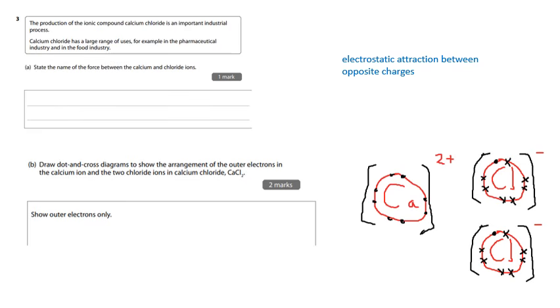Okay, so it's CaCl2, you've got 2 Cl- for your Ca2+, and you just show the outer electrons. So the outer shell of the calcium is full once it's lost these 2 electrons. And the chlorines are full as well, but you see that they've gained an electron. See the dot there, they got that electron from the calcium. Anyway, that's what it wants. Yes.